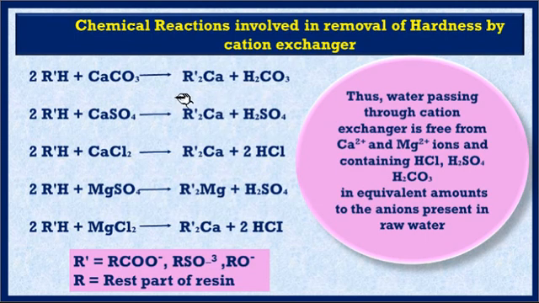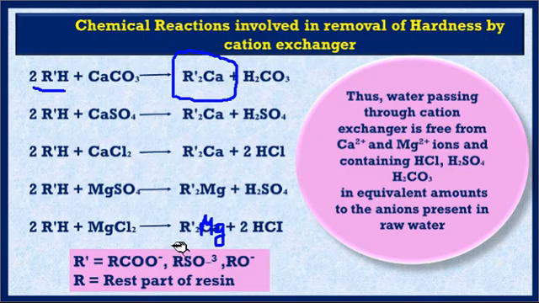So now the resin becomes converted into the calcium and magnesium form. Here is the magnesium. So now the resin is converted into the calcium and magnesium form instead of its original hydrogenated form.